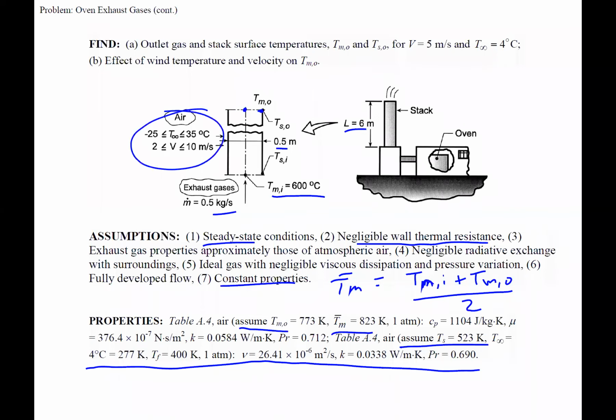So this side is flowing around that cylinder. So we have basically a chapter 7 problem and a chapter 8 problem here, right? So you have the outside, which has T infinity and the surface temperature on the outside, and that's where they're getting this set of properties. And then on the inside, we have the mean temperature, so that's where we're getting these sets of properties.